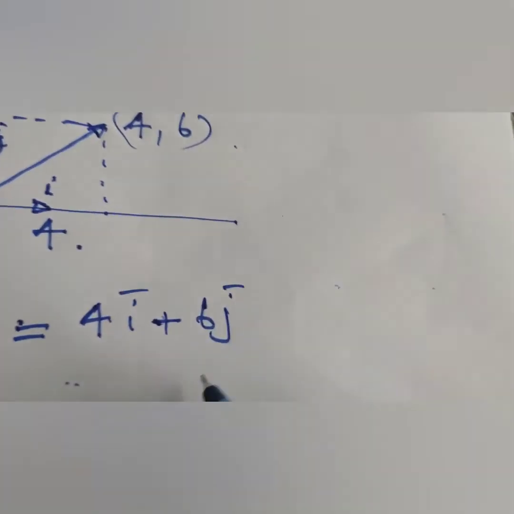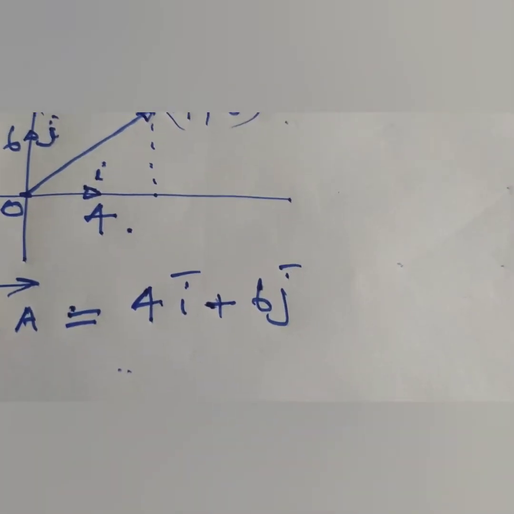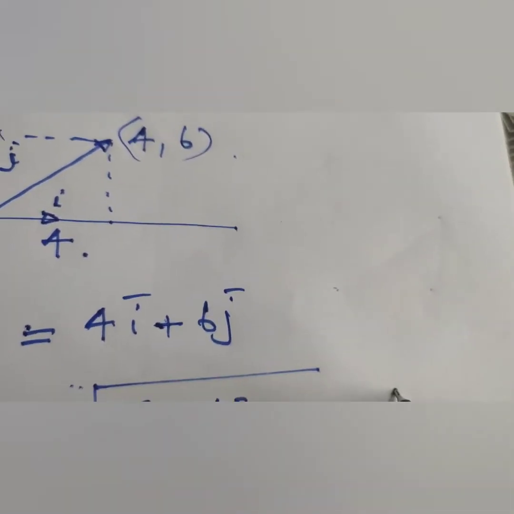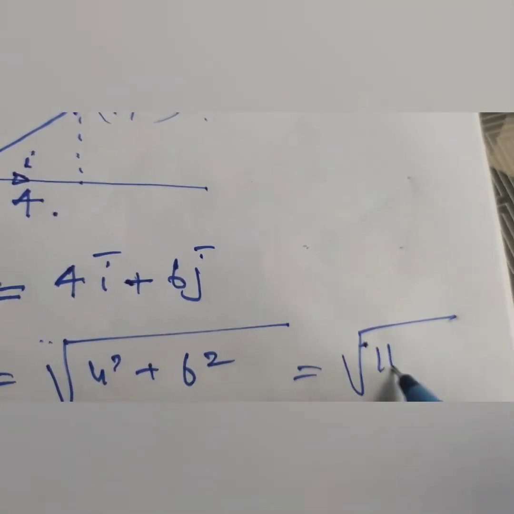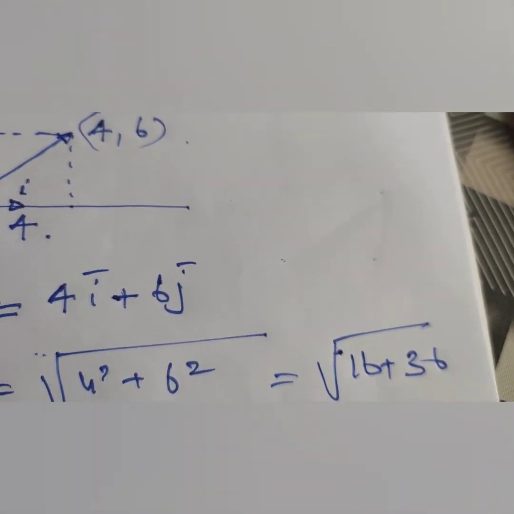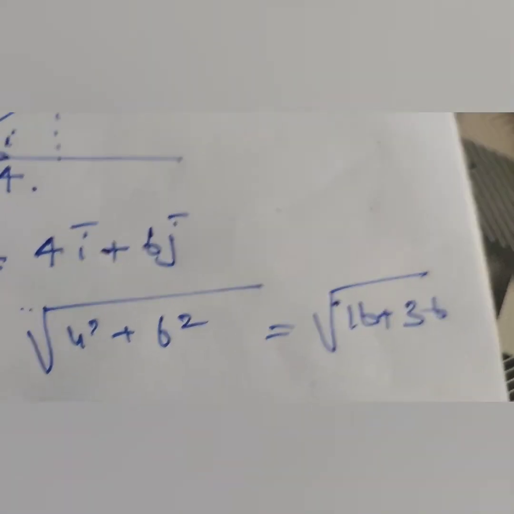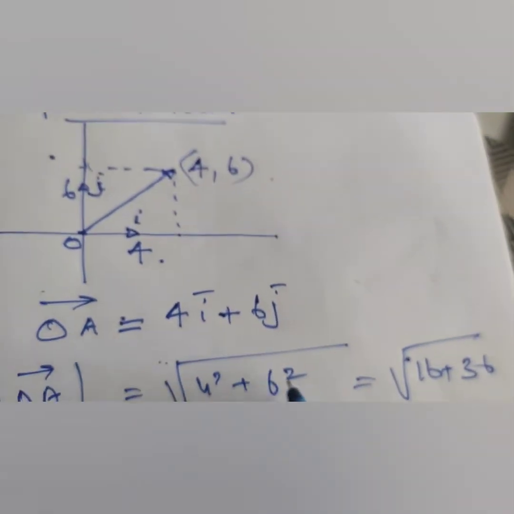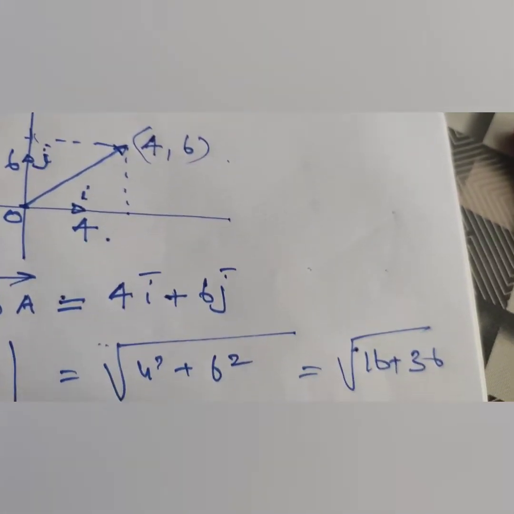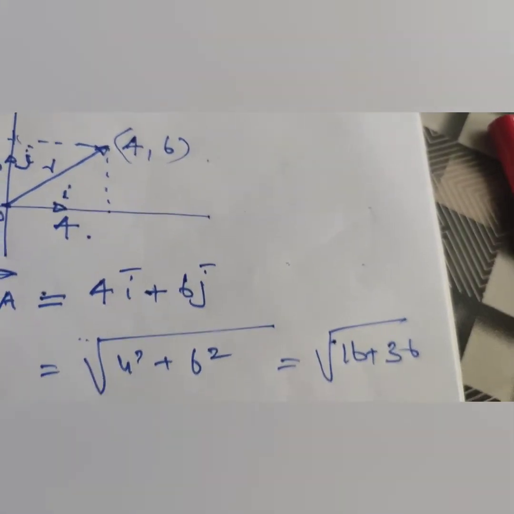The magnitude of OA is equal to the square root of 4 square plus 6 square, that is 16 plus 36, which is 52. So we can write a vector with its magnitude and direction. You can call it vector R.